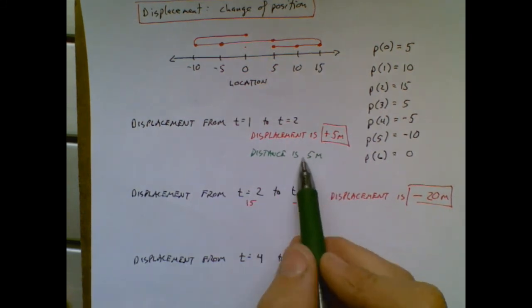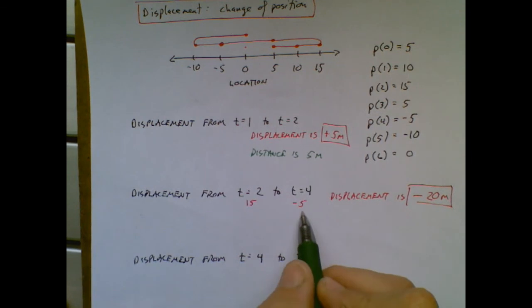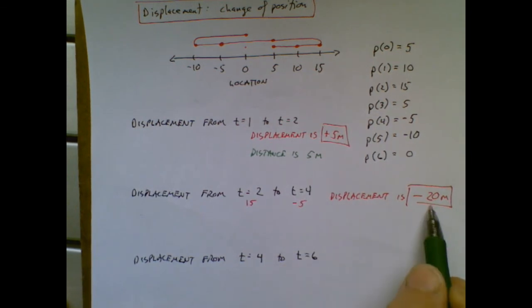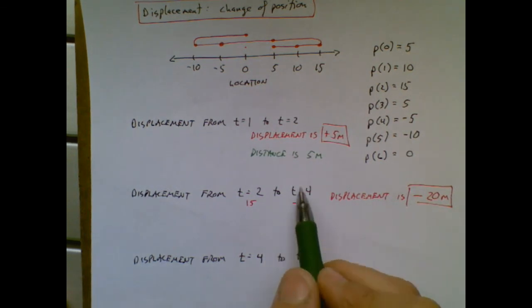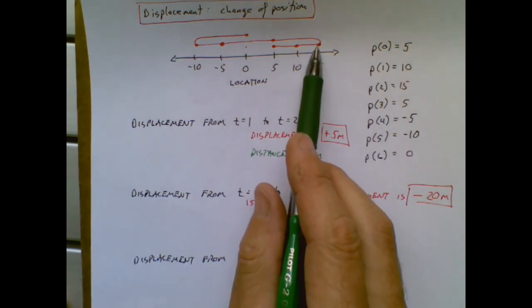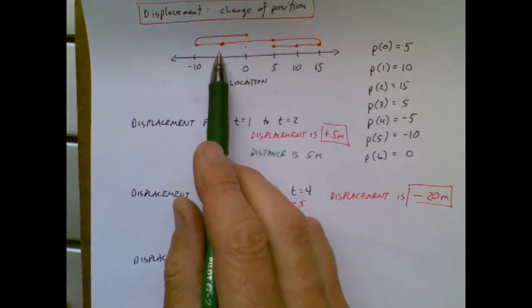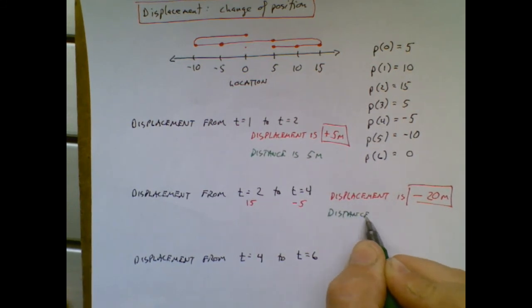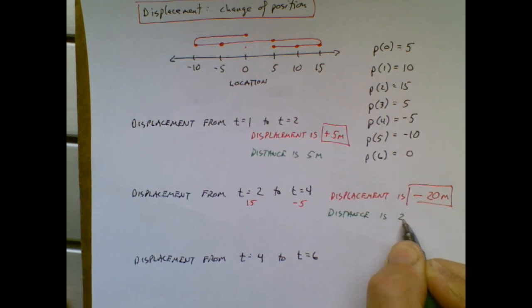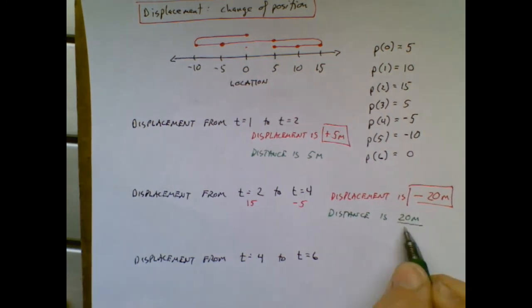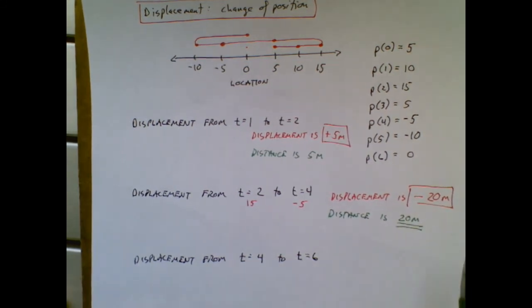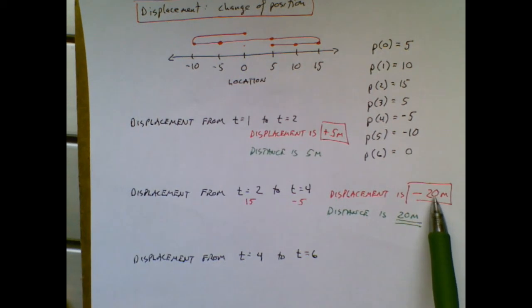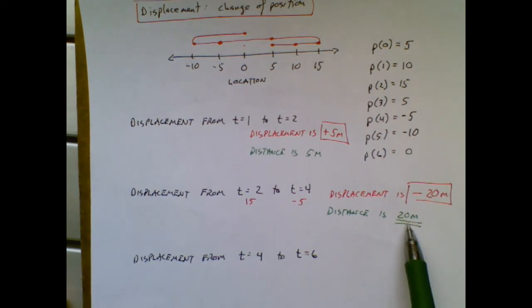So distance and displacement in this case were the same, but in this one, my displacement was negative 20 meters, meaning I finished 20 meters left of where I started. But my distance, I went from here, 15, all the way to here, negative 5. That's a distance of 20 meters. Notice that I don't have a negative sign on there. So displacement always has a plus or a minus. Distance is always a positive answer.